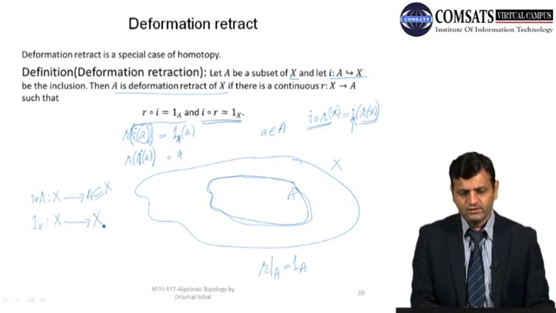X, and the range or the image is X. Now the image of I composition R is A, and the image of 1X is X. So in other words, this set X is basically continuously deformed into A.